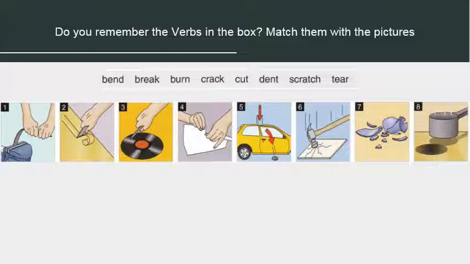The first picture, what do you think? It's bend. What about the second? Cut. The third, scratch. Fourth, tear. 5, dent.